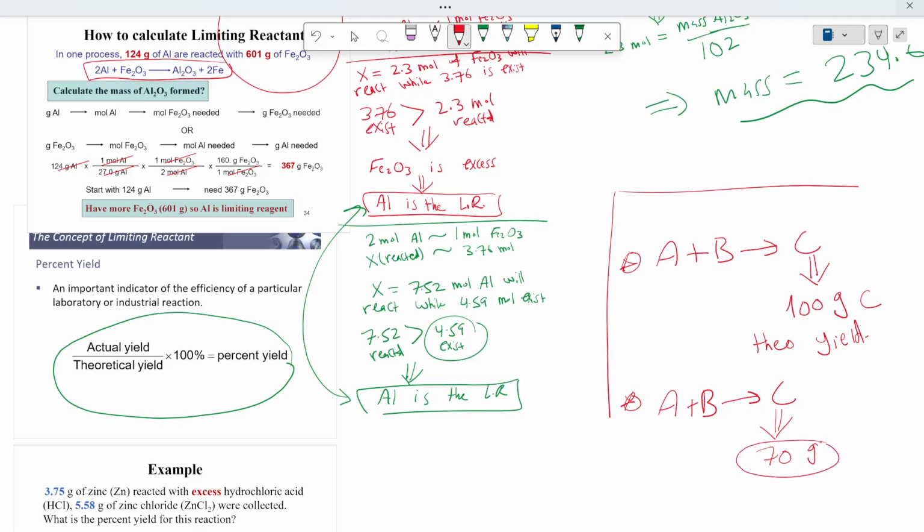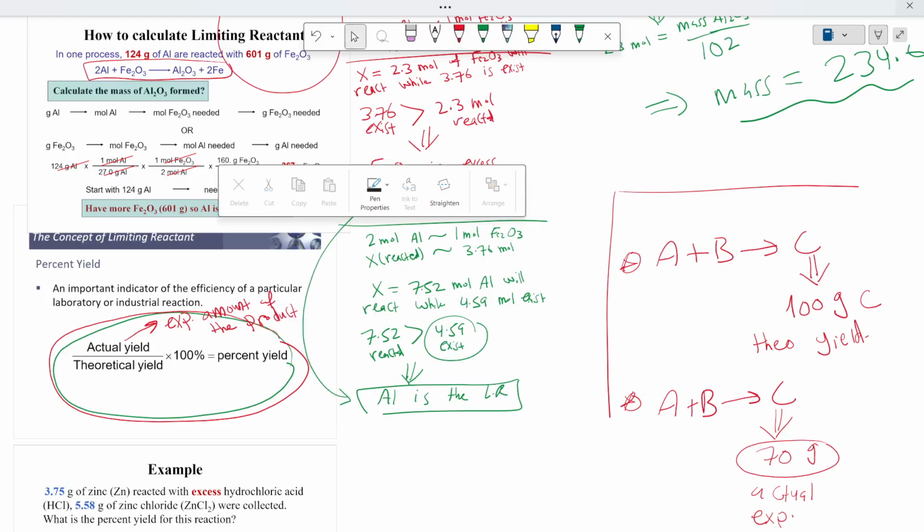The 70, this is the actual yield, the actual amount, the practical amount, or the experimental amount, over 100, the theoretical amount, times 100%. This is how to determine the percent yield. The actual yield is the experimental amount of the product.